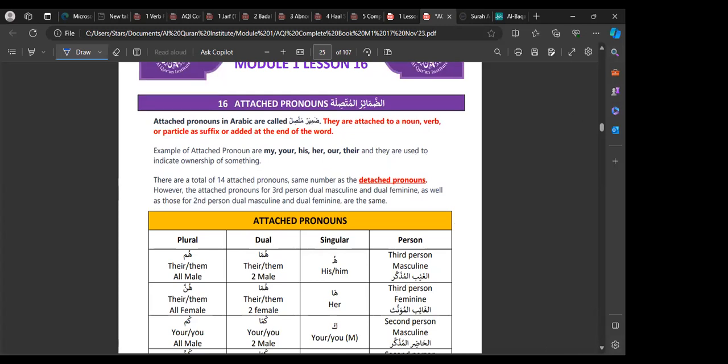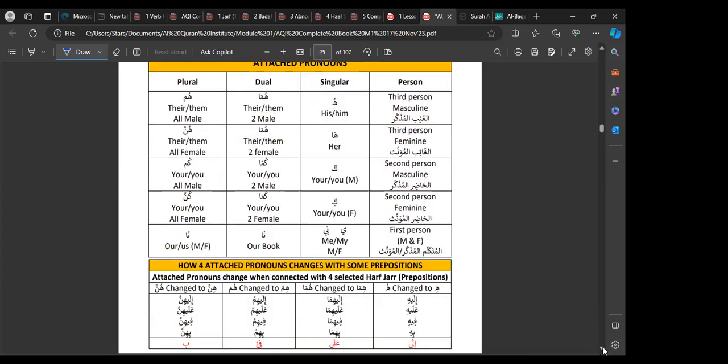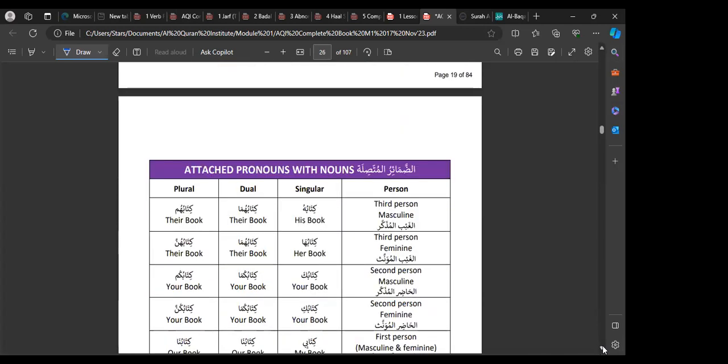So we have hu, huma, hum, ha, huma, hunna, and when we attach them to an object or to a verb, it becomes possessive. So kitabuhu, his book. Kitabuhuma, their book. Kitabuha, her book. So attached pronouns act as possessives in Arabic. While detached pronouns don't act as possessives. They have a different function.